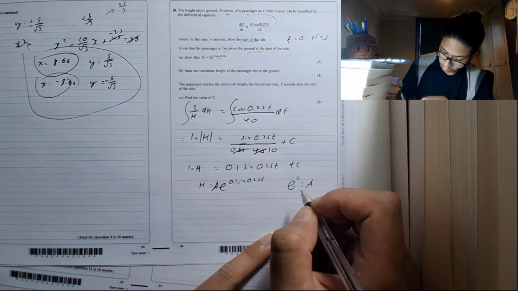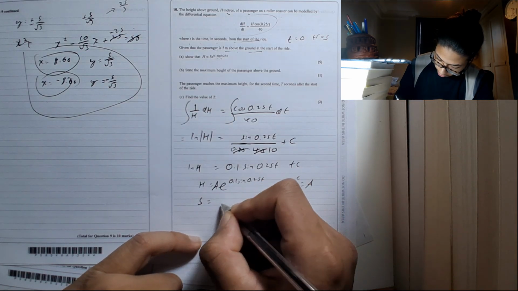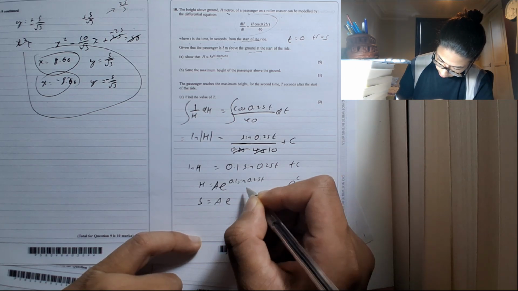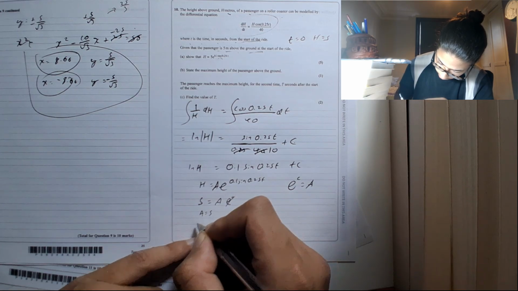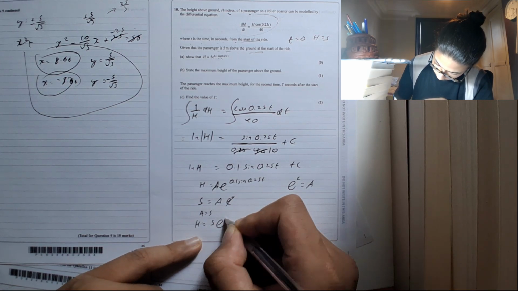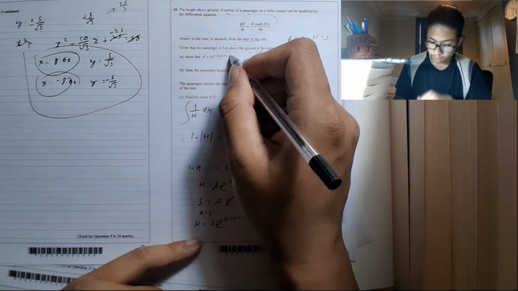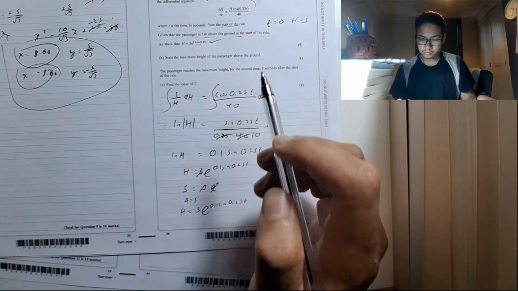And then we just sub in height is 5, when time is 0, you get a equals e to the 0, which is 1. So then a equals 5. So then h equals 5 e to the 0.1 sine 0.25t. Okay, nice.